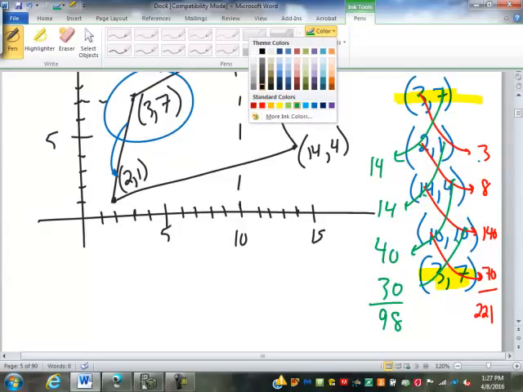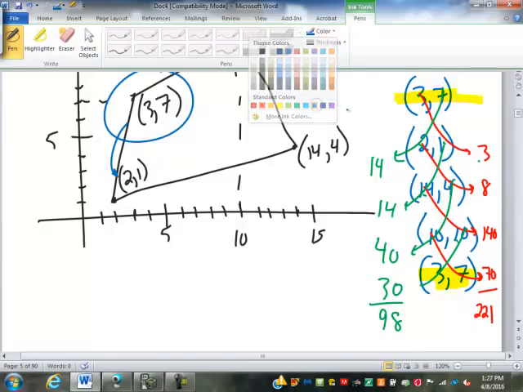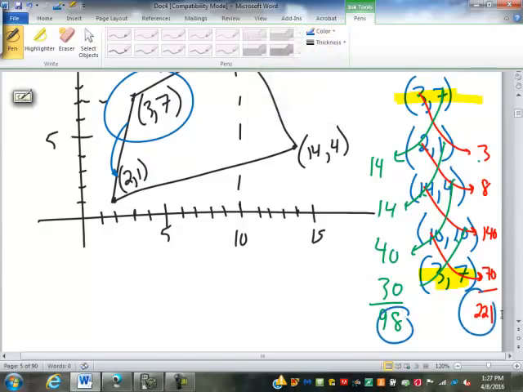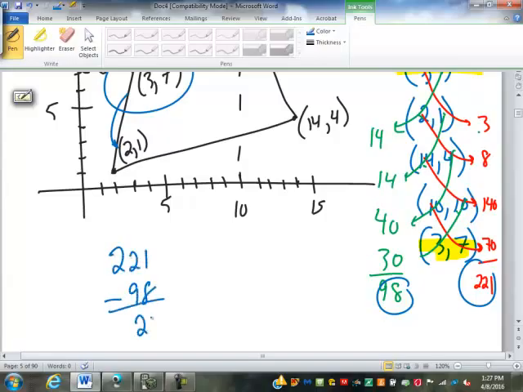So now I find the difference between those two. What's the difference between those two? 221 minus 98 is 123.